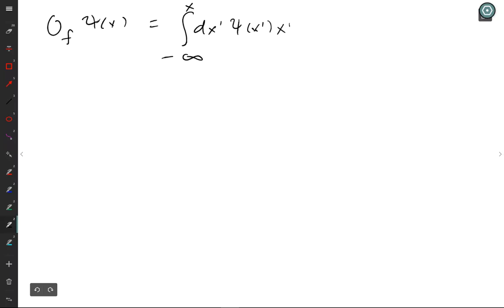Now, the reason it has x primes in there is because you can't have your limit and your variable of integration be the same thing. But we're going to end up with a function of x after we do this because of the limits.